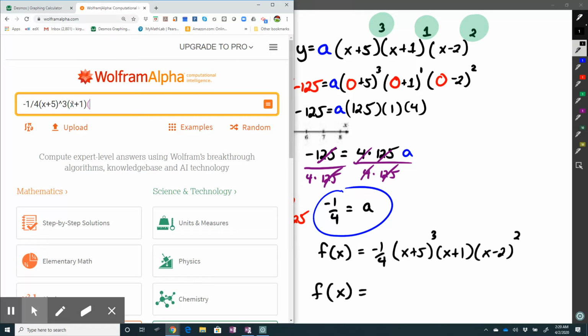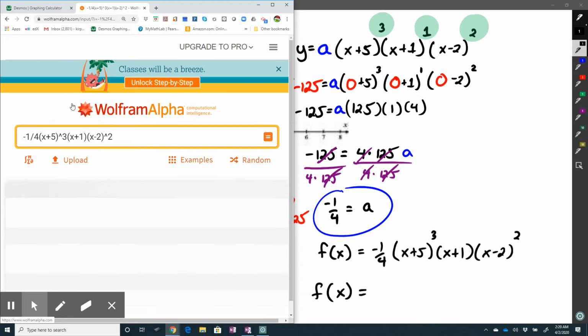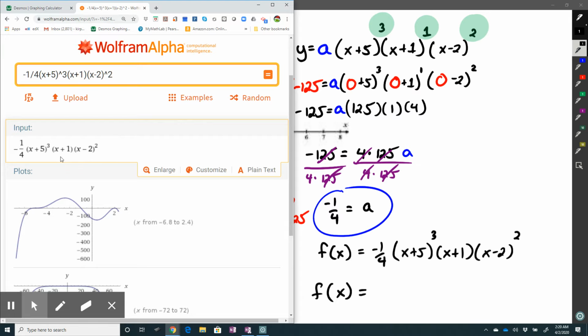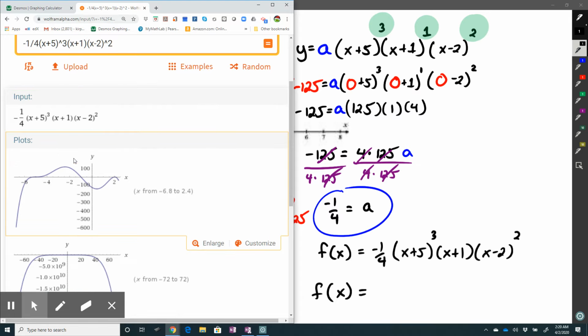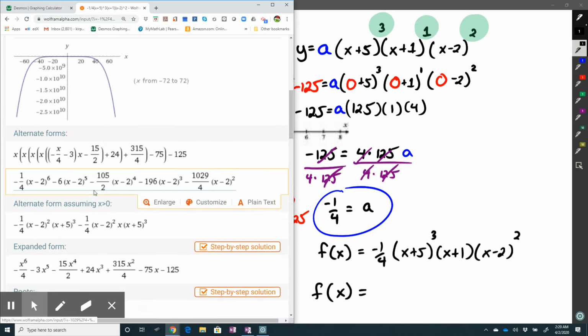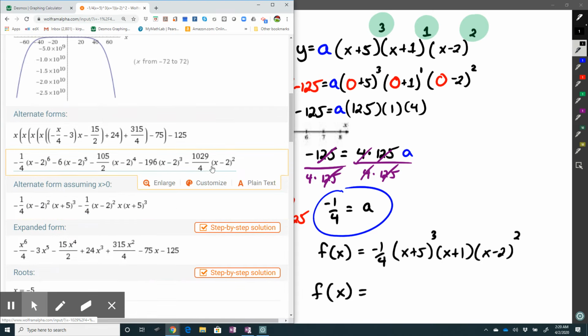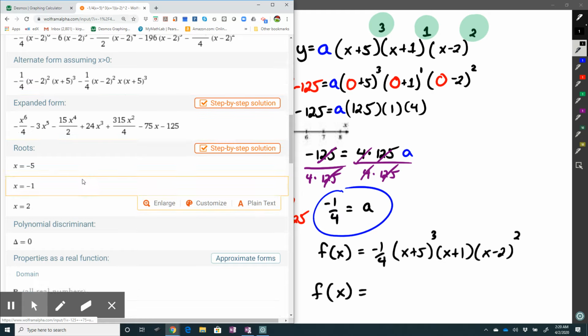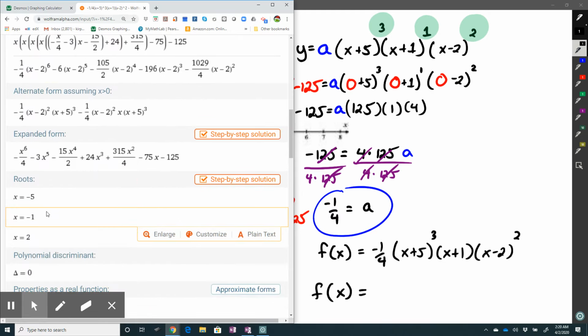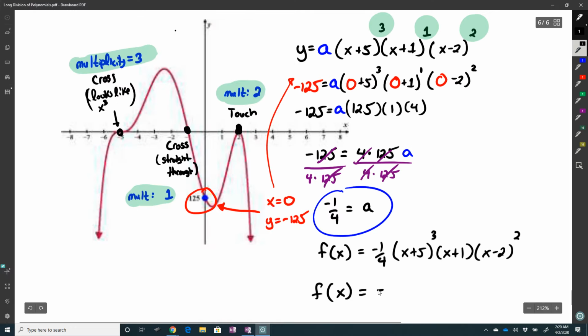Notice I'm putting carets for the exponents. So input, make sure you typed in the right thing. There's the graph. And there's all the different ways you can write it. For some reason, if you wanted to write it like that, you could. But if you go through, you should see the expanded form. And notice that that is nasty.